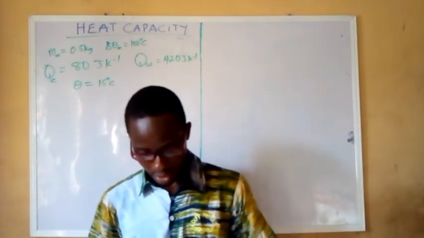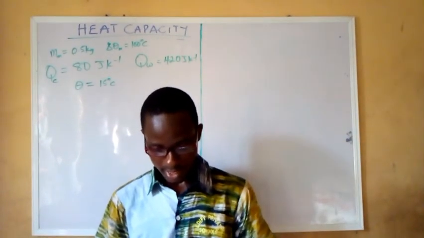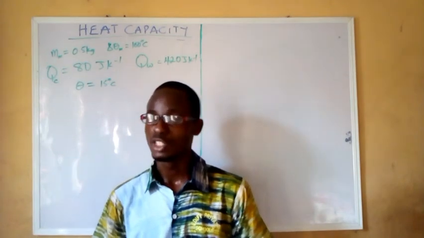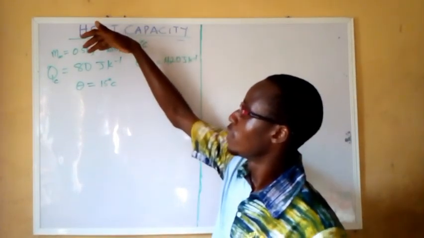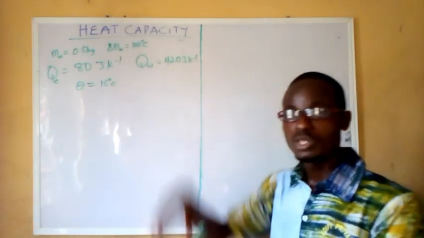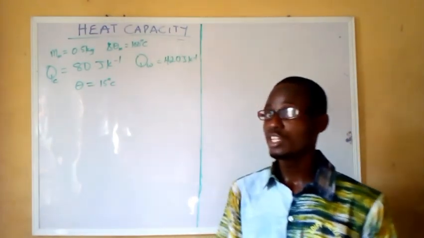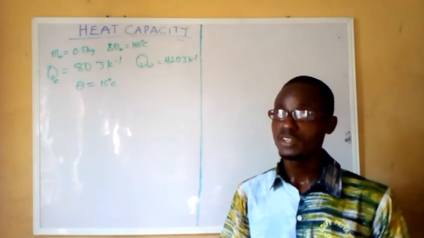So if the final steady temperature of the mixture is 25 degrees Celsius, after mixing the metal with water in the calorimeter, that means we have three materials involved.